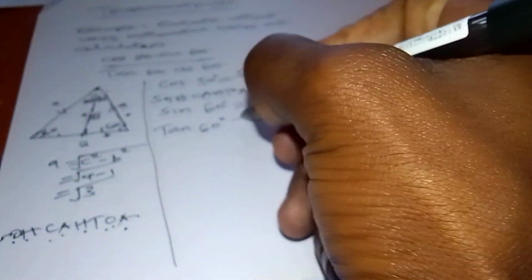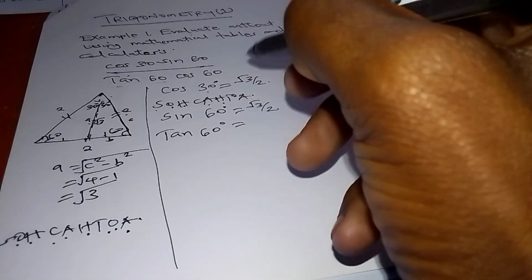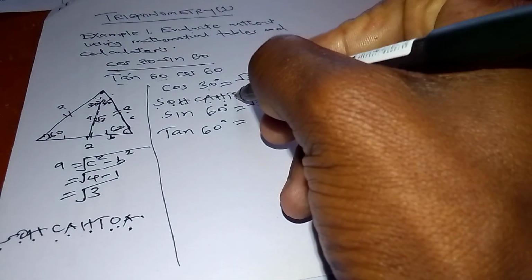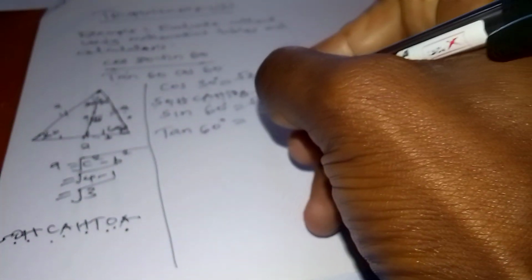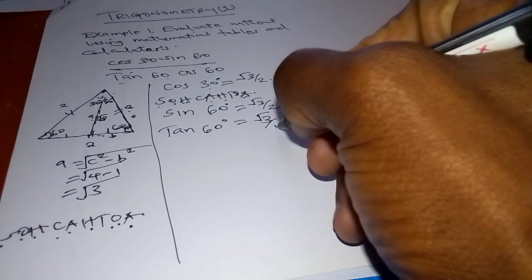Good. Then let us go to tan 60 degrees. Tan is equal to opposite over adjacent. Root 3 over 1.